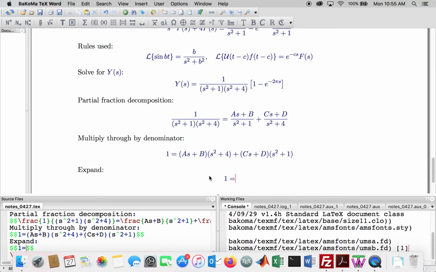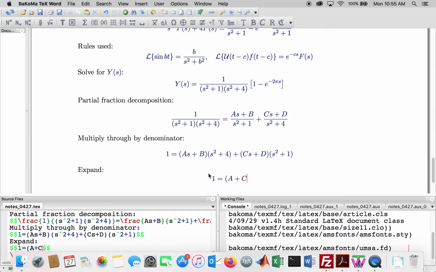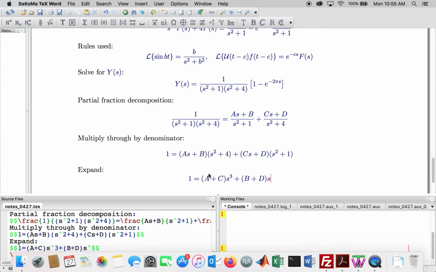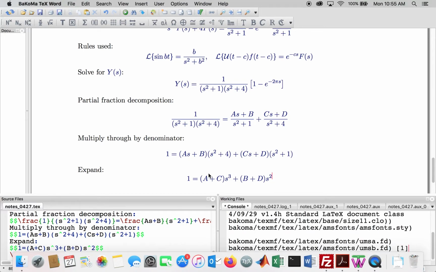So what you get, after multiplying everything, is A plus C times S cubed, and then I have B plus D times S squared. Like here I have BS squared and DS squared. Here I have AS times S squared, that's AS cubed. Here I have CS times S squared, that's CS cubed.